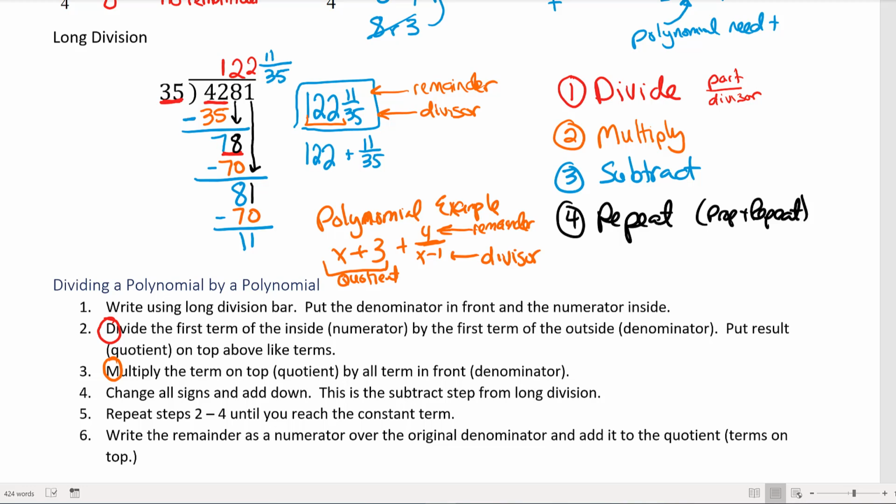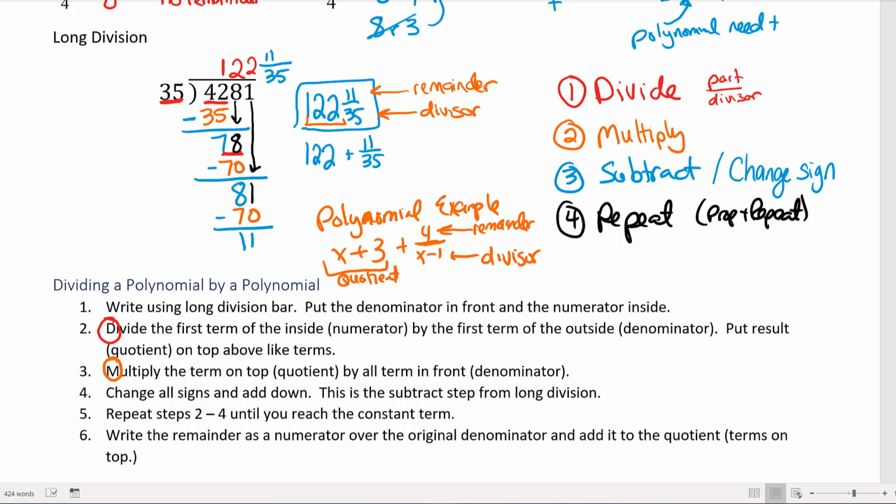Step 4, it says change all signs and add down. In the subtract step, that was the blue subtract step. Subtract is really difficult when we have polynomials because people forget to distribute the negative all the way through. So instead of using the word subtract, what I'm going to write instead is I want you to change your sign. And essentially that's what we did.